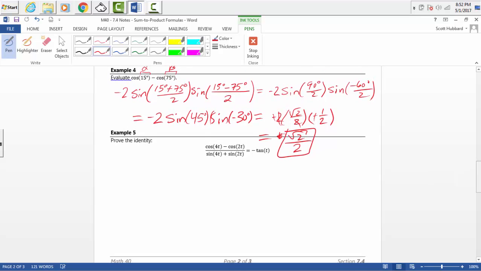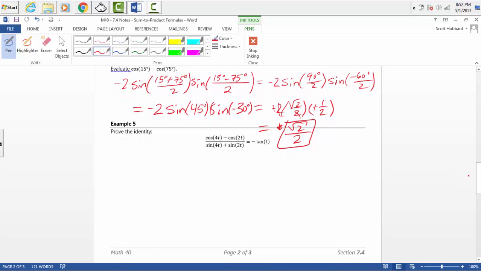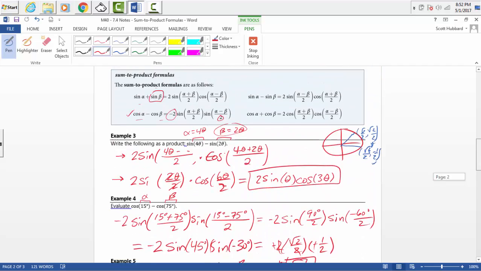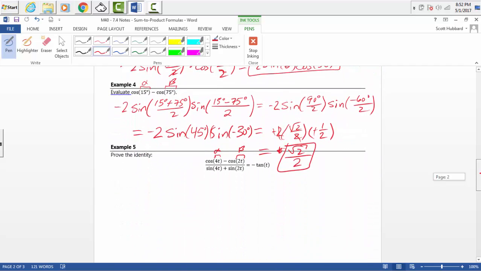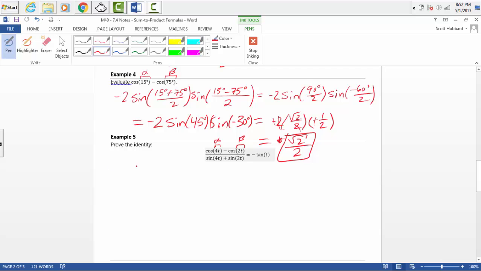Okay, so let's do this one. We can then again use this to help us prove an identity. So this one I have a difference of cosines. So this is my alpha on the top, and this is my beta right here. And so it's cosine minus cosine. Okay, just like the one we did right here. So that's equal to, so let's work on the top.